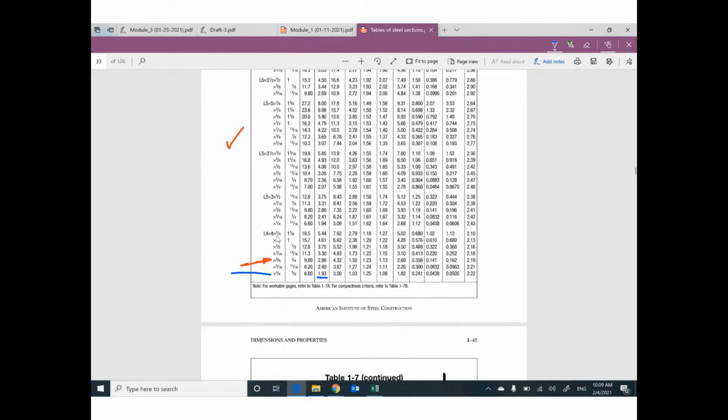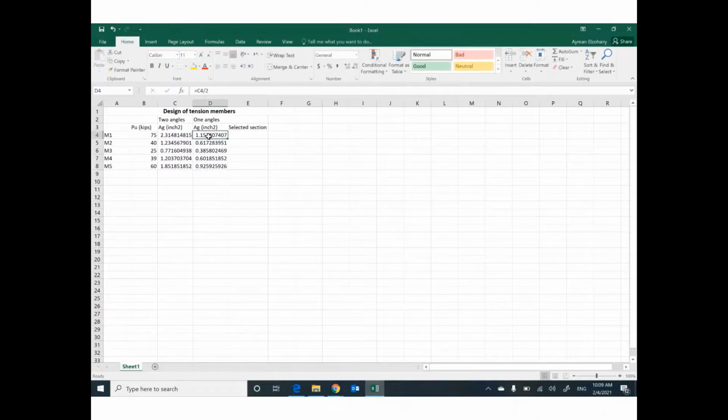4 by 4 times 1/4. The area gross is 1.93 for one angle. You need a cross section with area gross for one angle of 1.15, so this one will be good. So I'm going to use 2 angles 4 by 4 times 1/4.